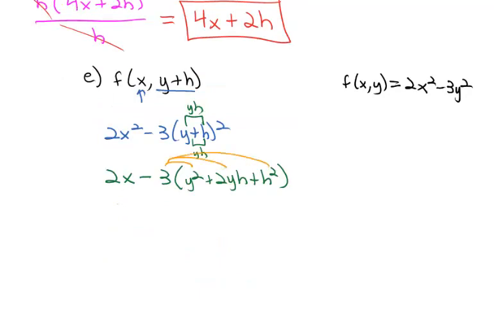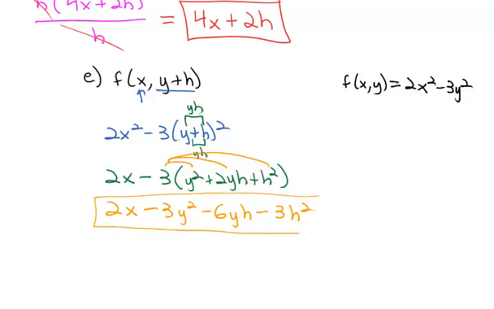Distribute through the parentheses, and we have 2x squared minus 3y squared minus 6yh minus 3h squared. And there's nothing we can simplify there, so we'll call that our final answer.